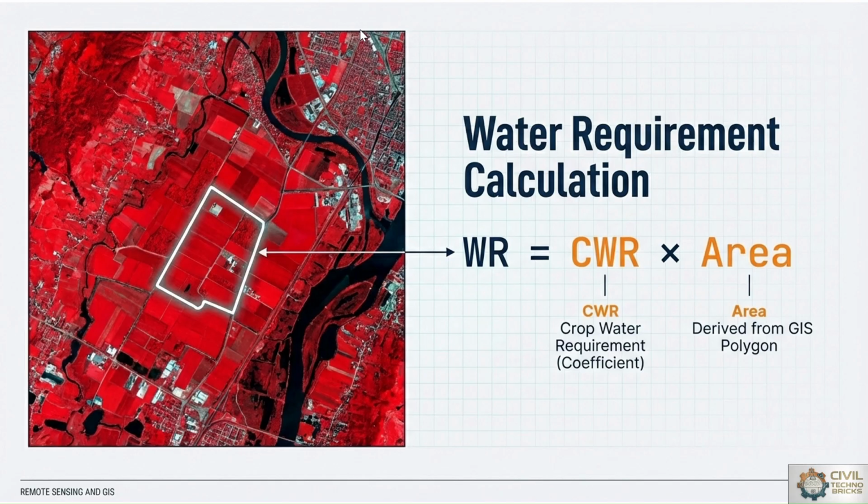In GIS, this is represented as a thematic map showing the water demand across the total command area. This precision prevents over irrigation, which leads to waterlogging and salinity of the soil, and under irrigation, which reduces the crop yield, ensuring sustainable agricultural productivity.